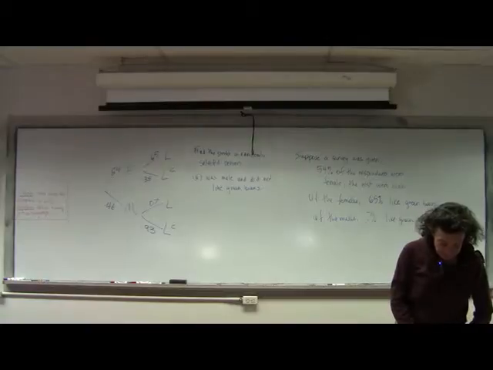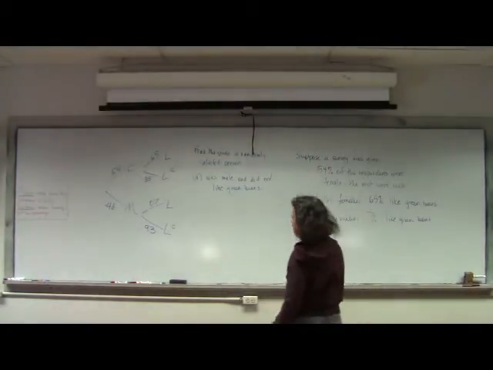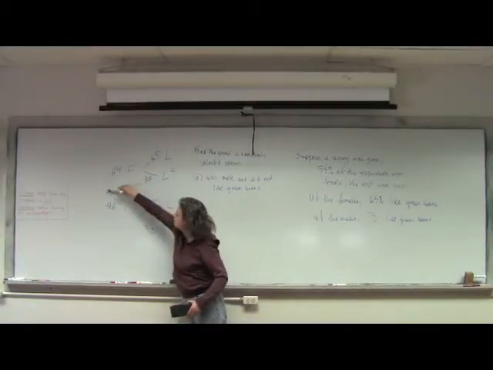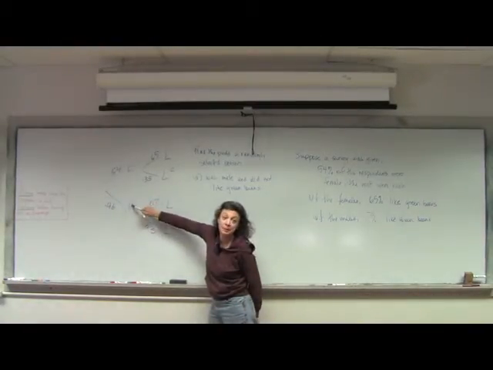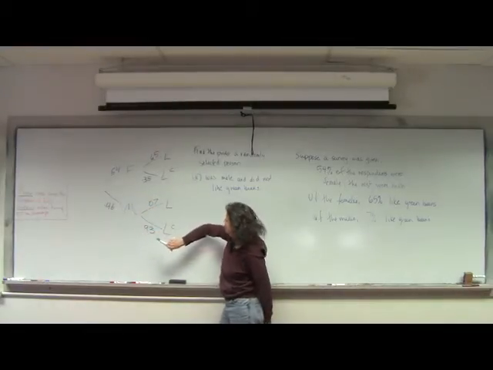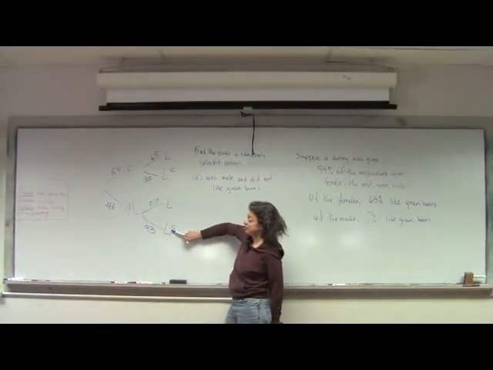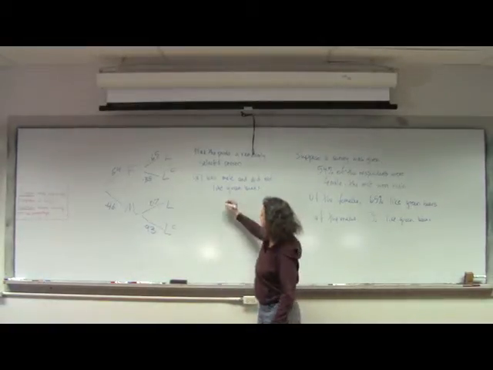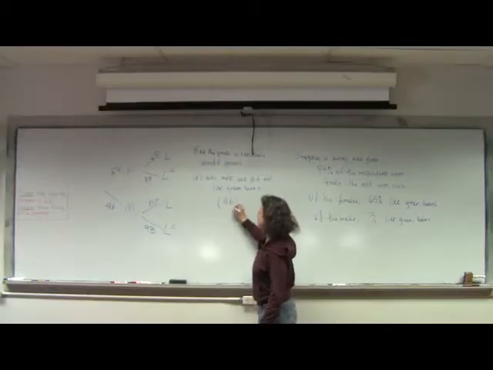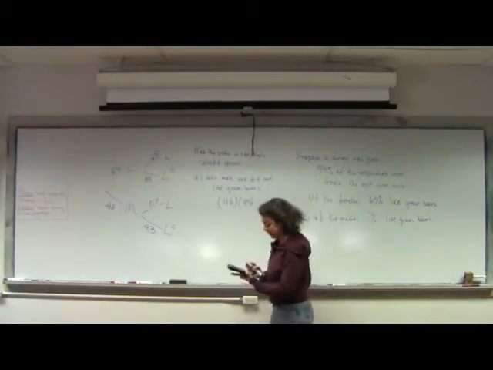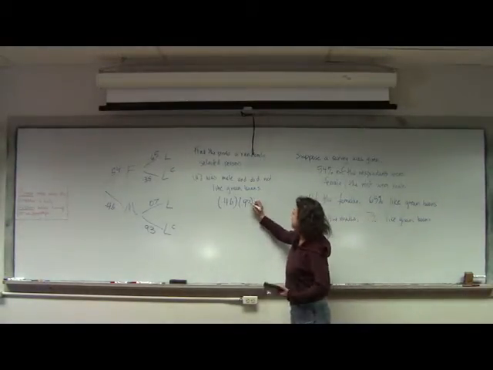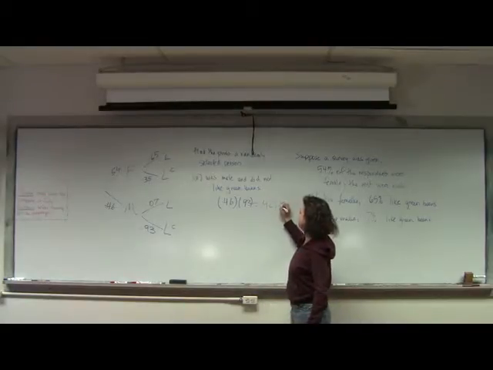Notice we have the word and. That tells us intersection. Will you grant me that we're interested in this branch? We want this person to be male and we want them to not like green beans. Remember what I said, the way to find the probability of a branch is to multiply the probabilities along that branch. So 0.46 times 0.93, you're going to get 0.4278.